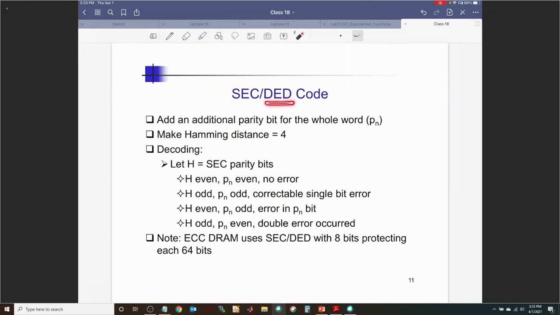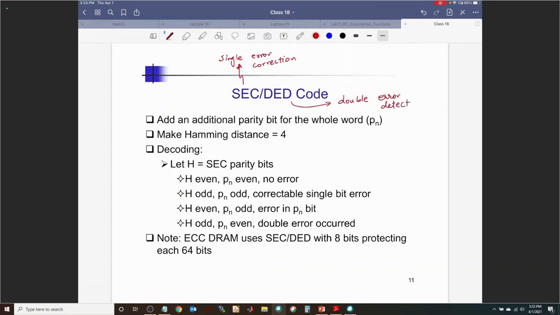However, we will know whether two errors have occurred. So this is single error correction, but with this code you will also be able to find out double error detection.